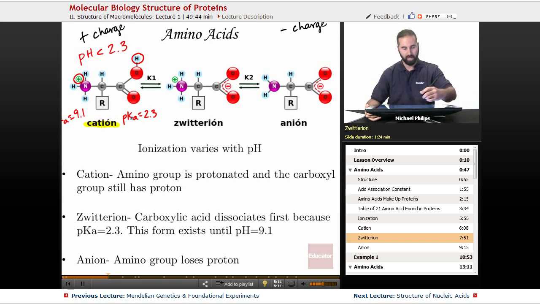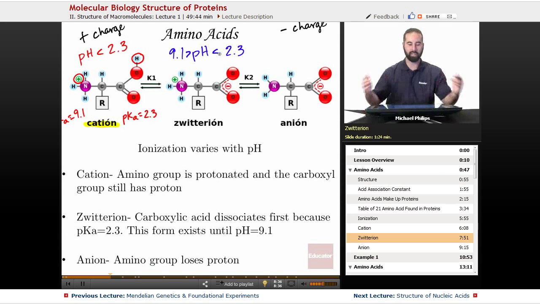So this is when our pH is between 9.1 and 2.3. All right, so this is when we're going to see a Zwitterionic form.